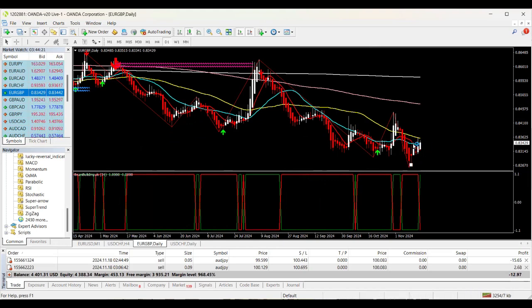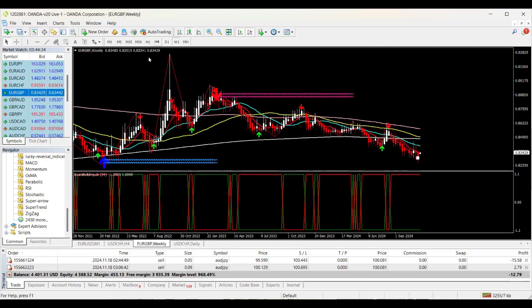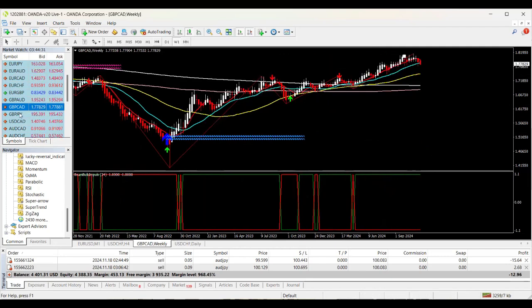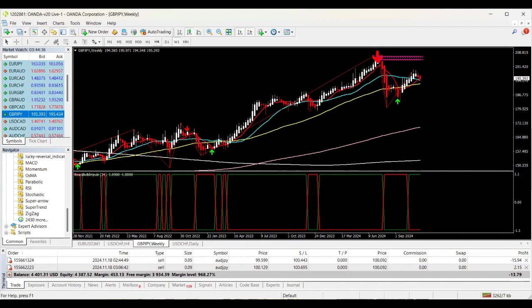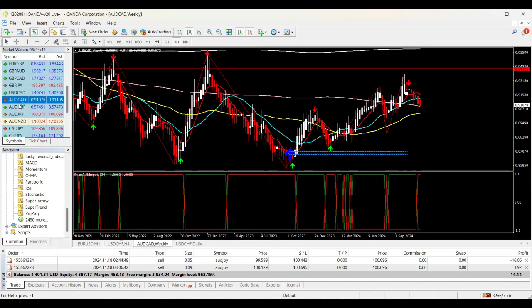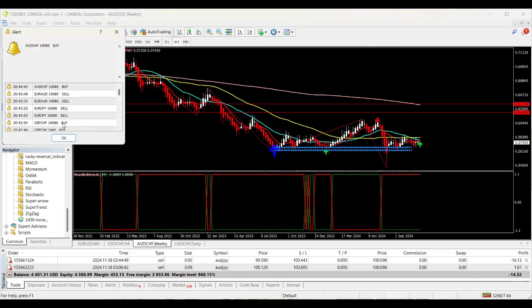So this is one to possibly look to get in. GBPAUD, GBPCAD, possible down. This has been going up. And we can run through these fairly quickly.